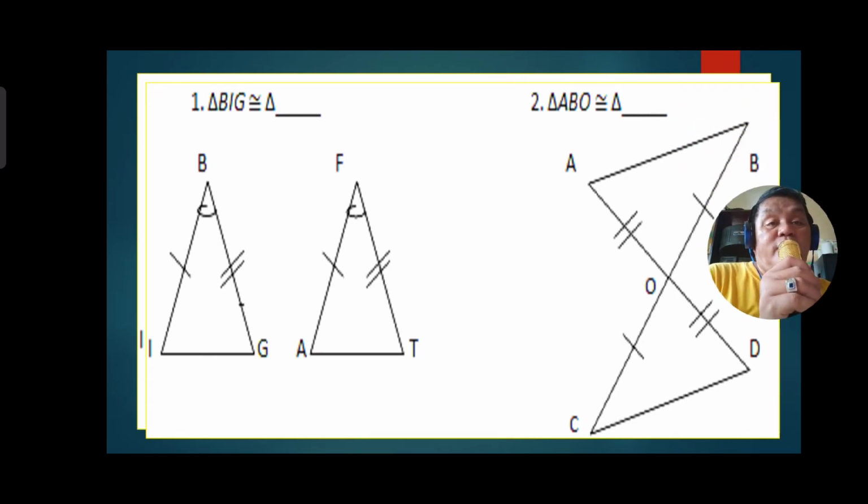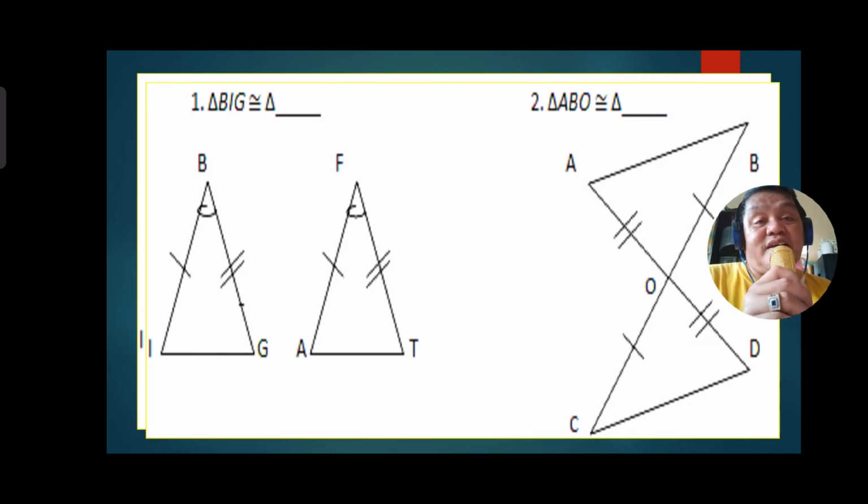We have number 1. You are going to complete the congruence statement: triangle BIG is congruent to, what is the name of the triangle? Again, in figure 1, we have two triangles.